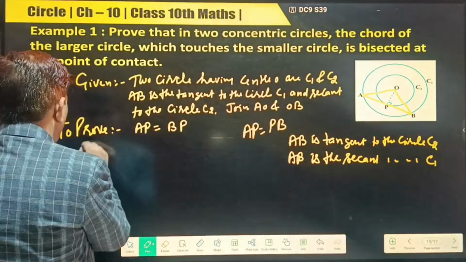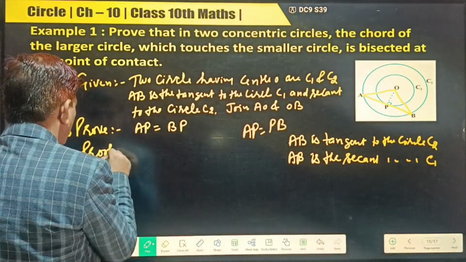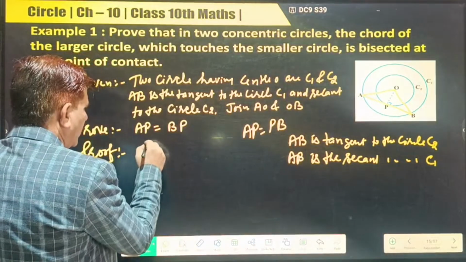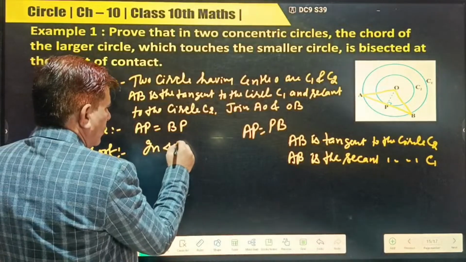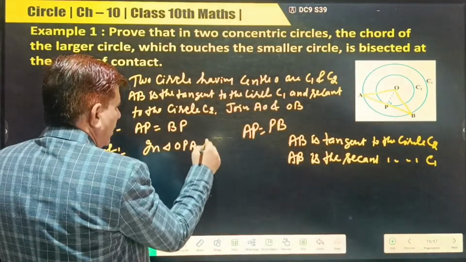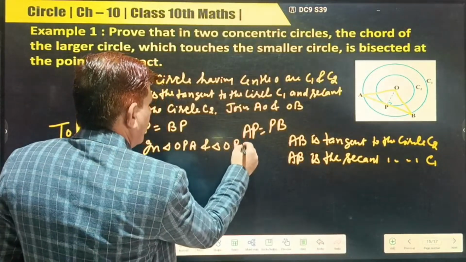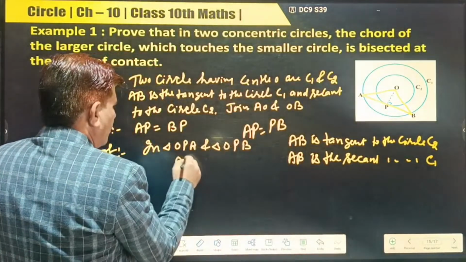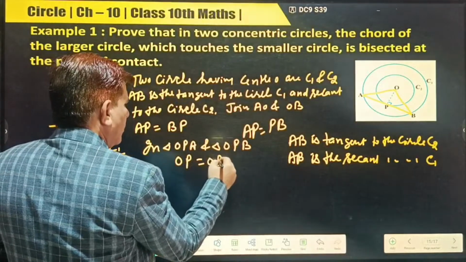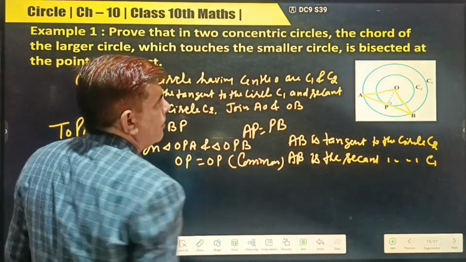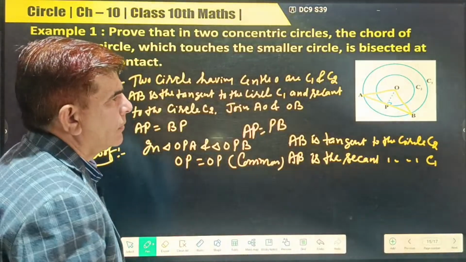So here is the proof. What's the proof? In triangle OPA and triangle OPB, OP equal to OP, what's that? Common, yes or no?